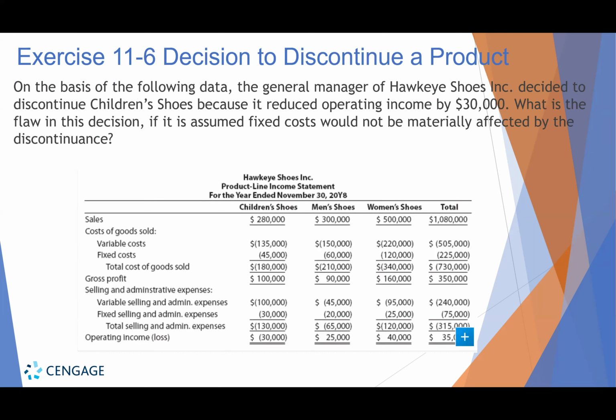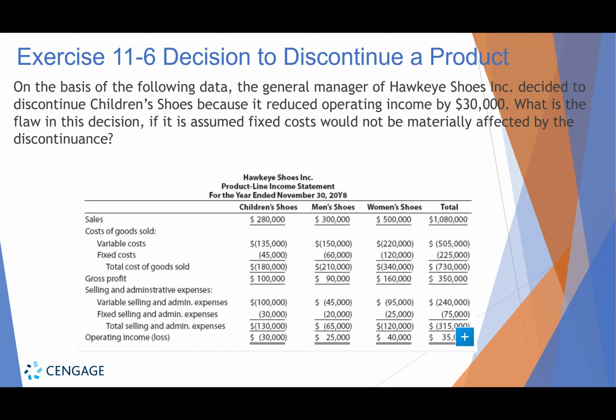Okay, guys, let's look at this one. On the basis of this information, the general manager of Hawkeye Shoes decided to discontinue children's shoes because it reduced operating income by $30,000. What is the flaw in this decision if it is assumed fixed costs would not be materially affected by the discontinuance?